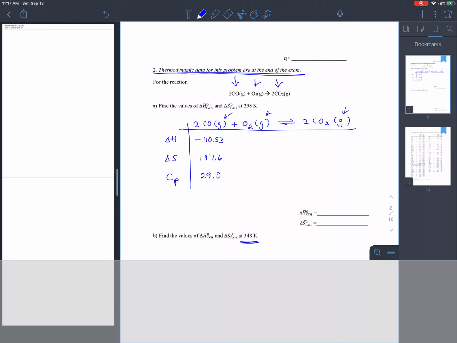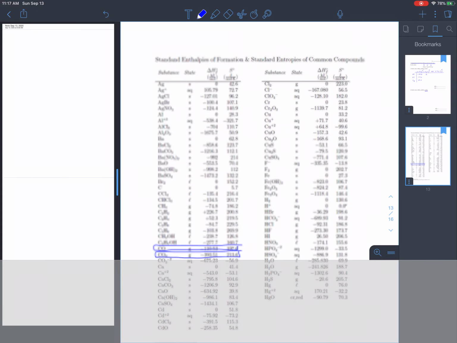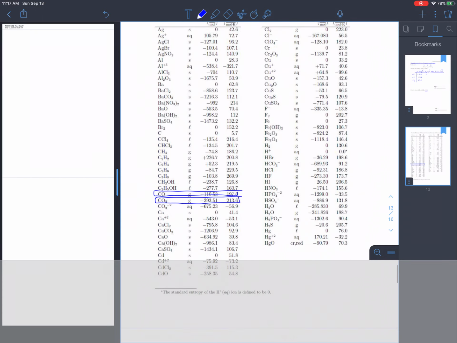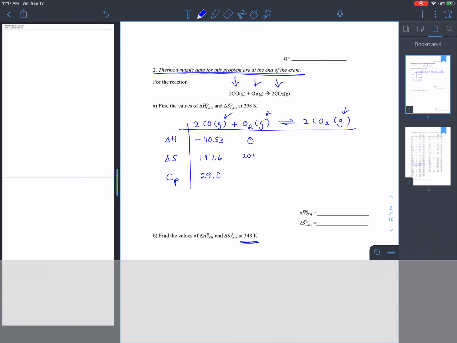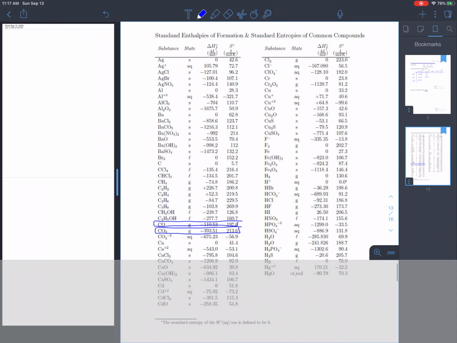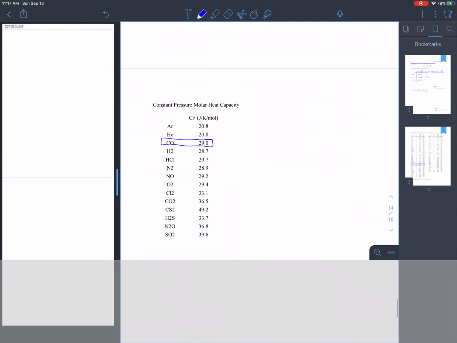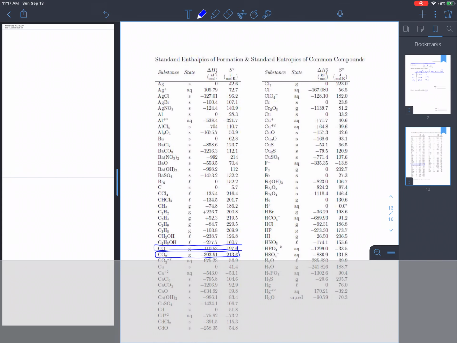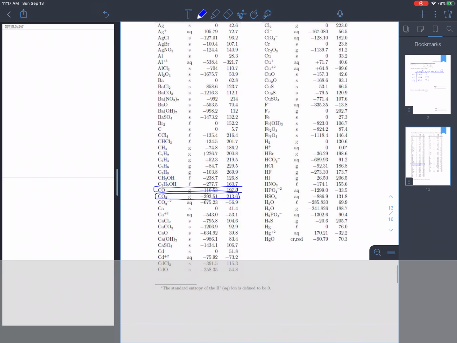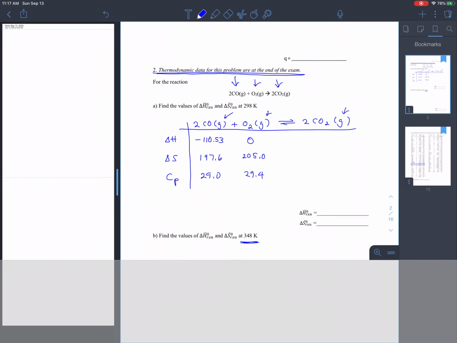Now for O2, O2 is an element. The delta H for any element is 0. The delta S is not 0 though. And so that is 205.0, and the heat capacity for O2 is 29.4. For CO2, the delta H is minus 393.51.